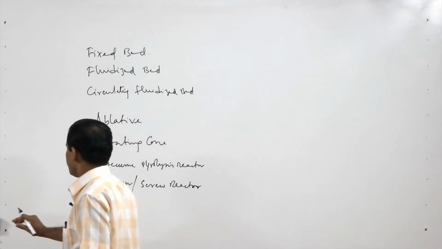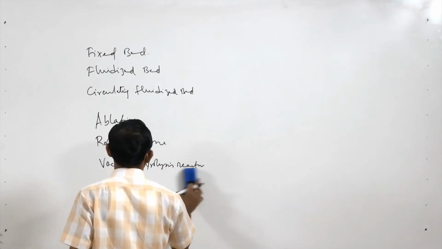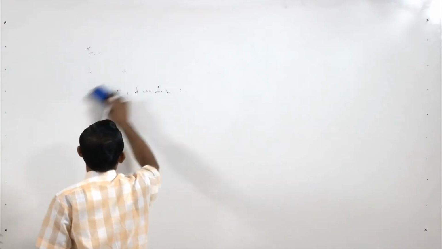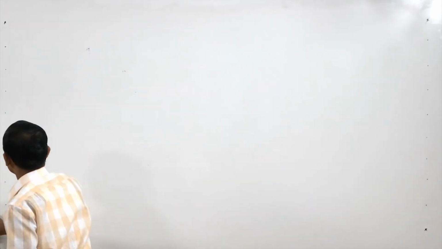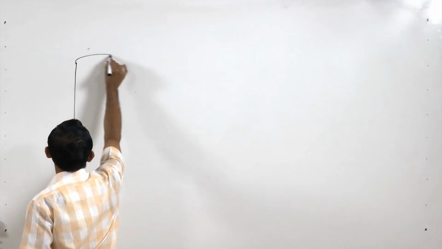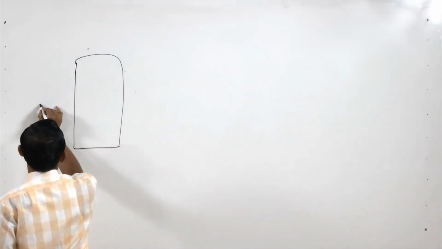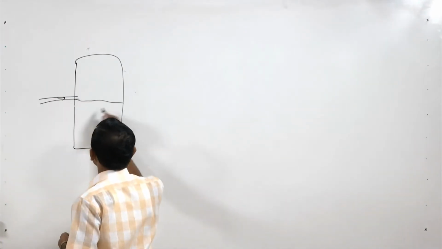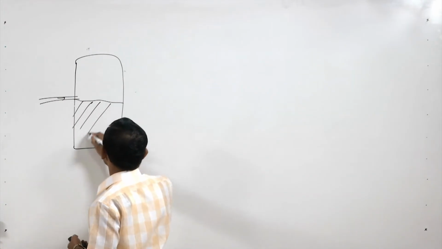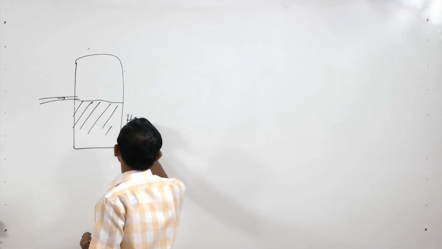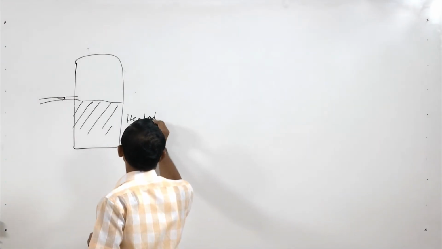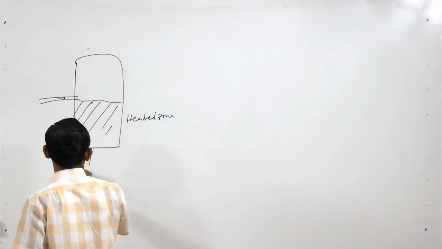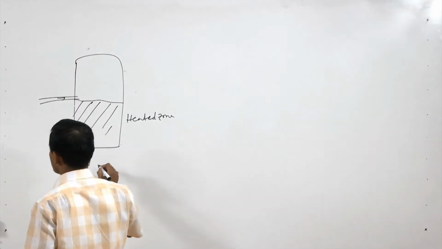At first, we will see the fixed bed reactor. In the fixed bed reactor, the waste or biomass can be put from the side top of the fixed bed, and this zone will be the heated zone, and we need to send one inert gas, that is sweeping gas.